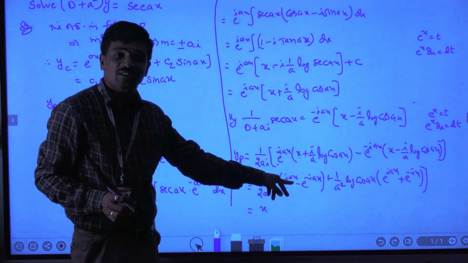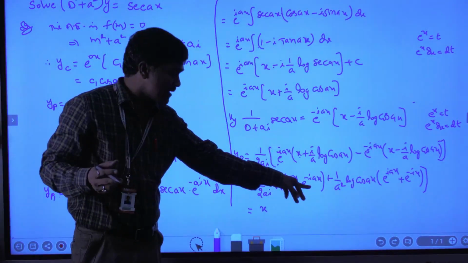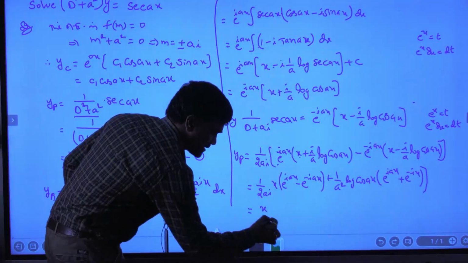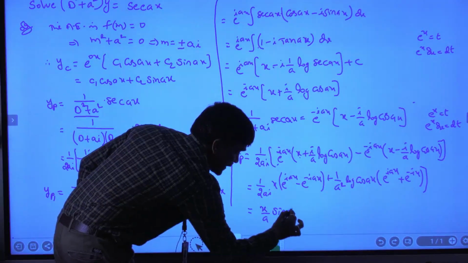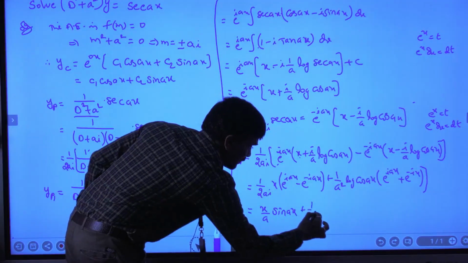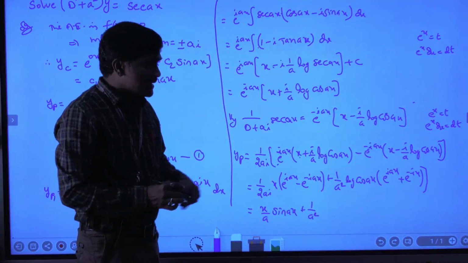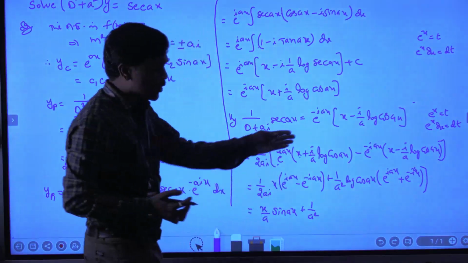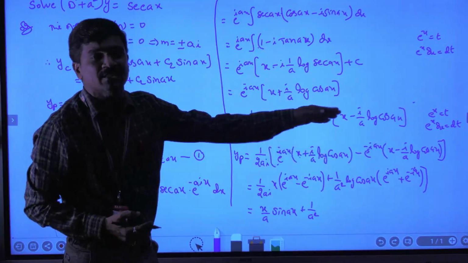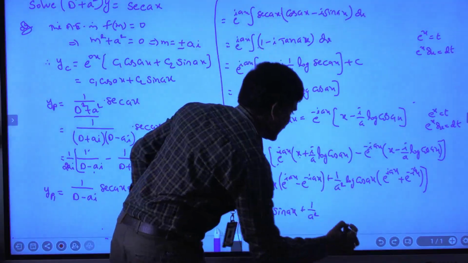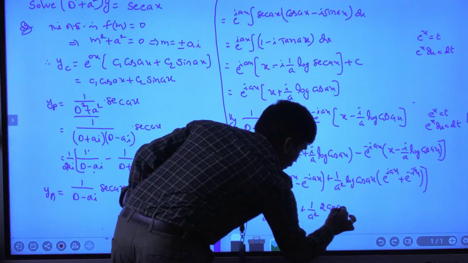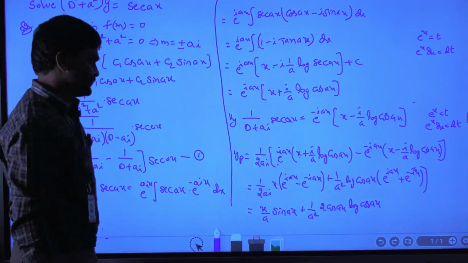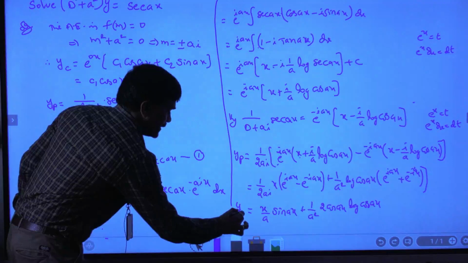What is that? e power iax is cos plus i sin, minus cos minus i sin, so we get 2i sin ax. 2i cancels, and finally we get x by a sin ax, plus 1 by a square into (e power iax plus e power minus iax), which is cos ax plus i sin ax plus cos ax minus i sin ax. Sin cancels, so 2 cos ax, and we get 2 cos ax logarithm of cos ax. This is the particular integral.